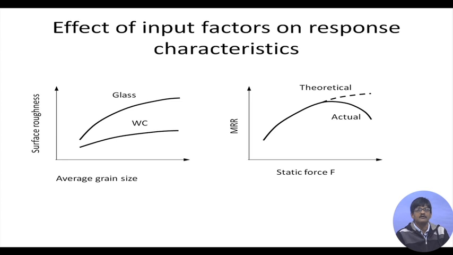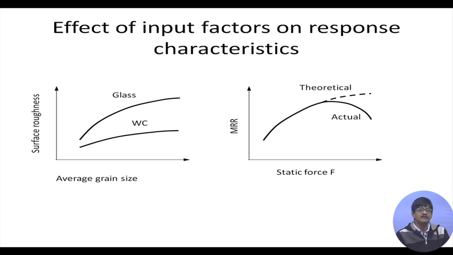So, the theoretical graph will be continuously increasing, while in the actual, that means experimental graph, we find that the MRR starts falling after a particular value has been attained by static force. Beyond that, if there is some increase in static force, the MRR comes down.